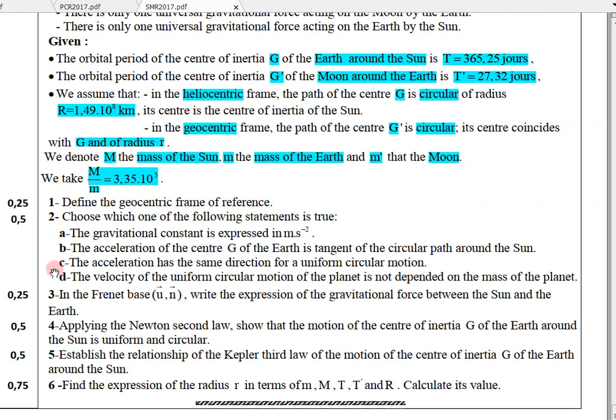That brings us to the last part. The question was to choose which one of the following. So ultimately D will be correct. The velocity of the uniform circular motion of the planet does not depend on the mass of the planet.